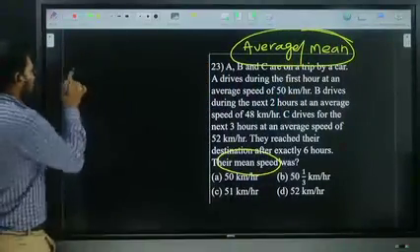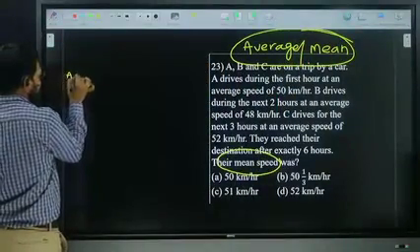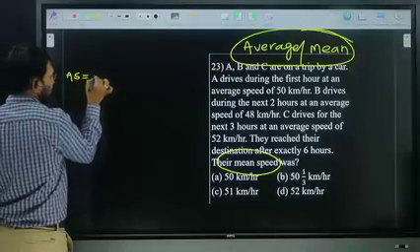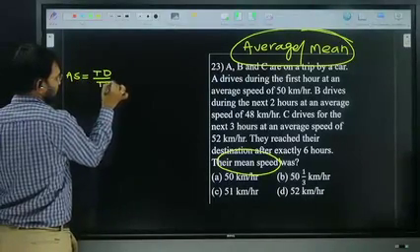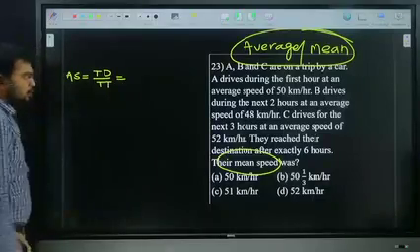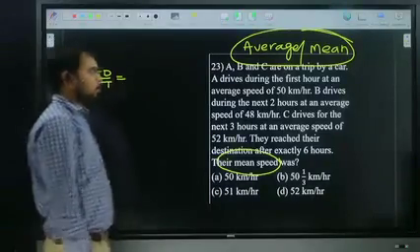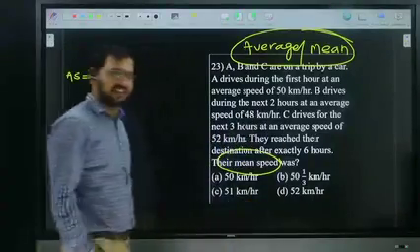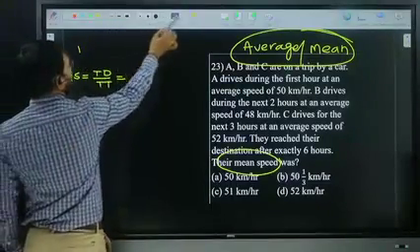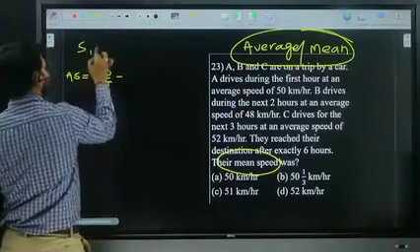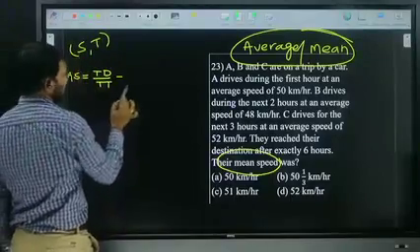I already told you average speed is total distance by total time. I don't know the distance, but they gave speed and time. This is the speed to time case.